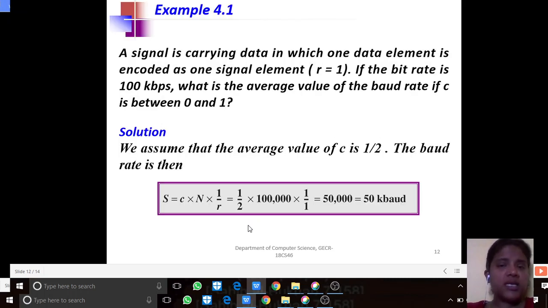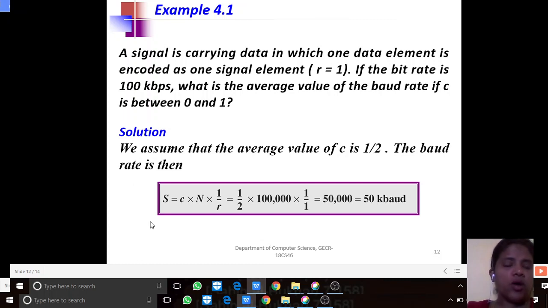Now, let us see one example for this. A signal is carrying data in which one data element is encoded as one signal element. This is case 1, so R = 1, because 1 data element divided by 1 signal element gives R = 1. If the bit rate is 100 kilobits per second, what is the average value of the baud rate, if C is between 0 and 1? When we substitute these values into the formula, since C is between 0 and 1, we assume C = 1/2, which is 0.5.